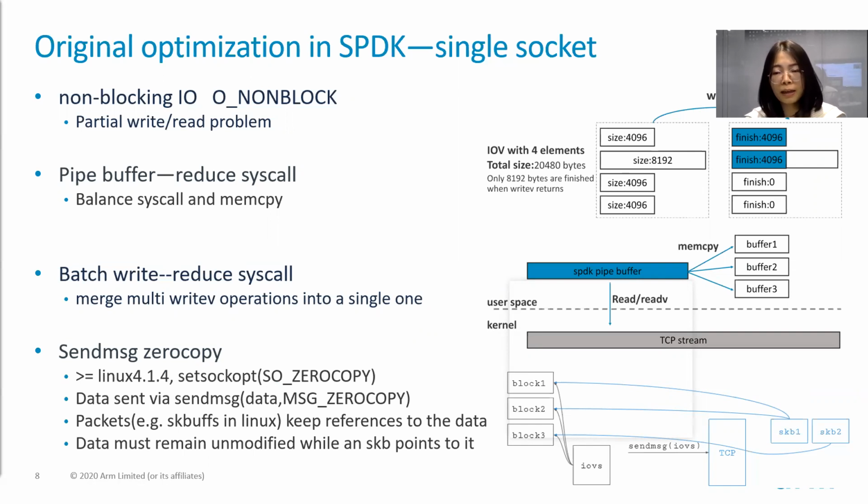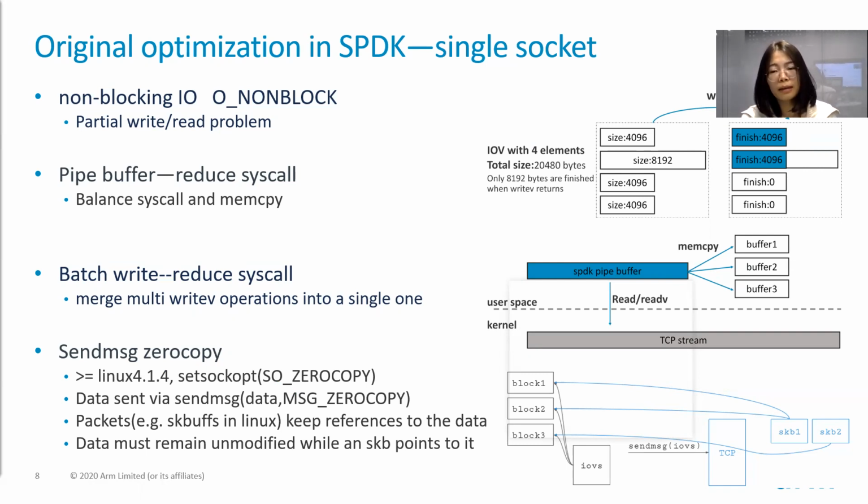To solve this, some extra fields are introduced to mark how much of a request is sent or received. The second is that it introduces a pipe buffer to read as much data as possible into the buffer at a time to reduce the syscall cost. The third is that it uses batch writes to reduce syscall cost, which is done by merging multiple writes into one.